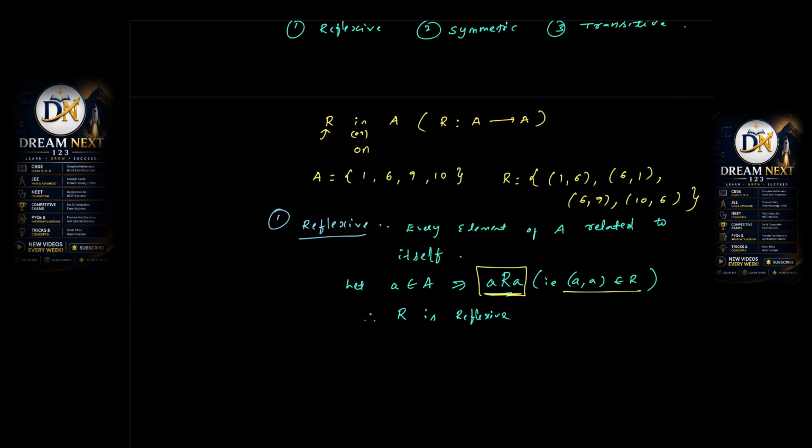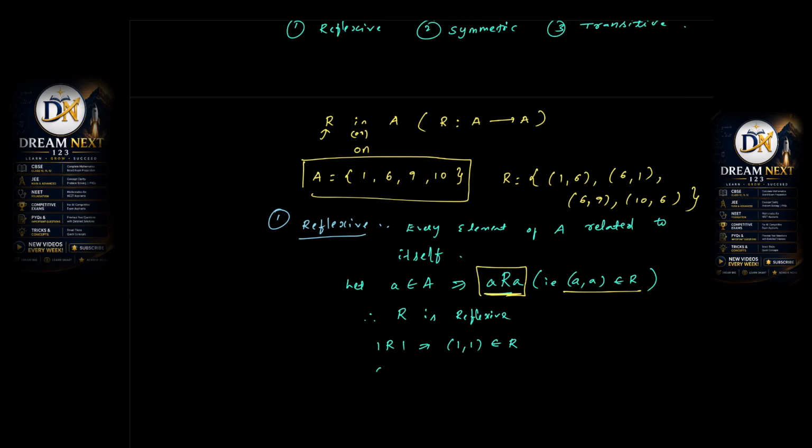What is the meaning? I consider this set. What are the elements it contains? 1, 6, 9, 10. If I want to say this is reflexive, 1 should be related to 1, that is nothing but (1, 1). This element should be present in the relation.